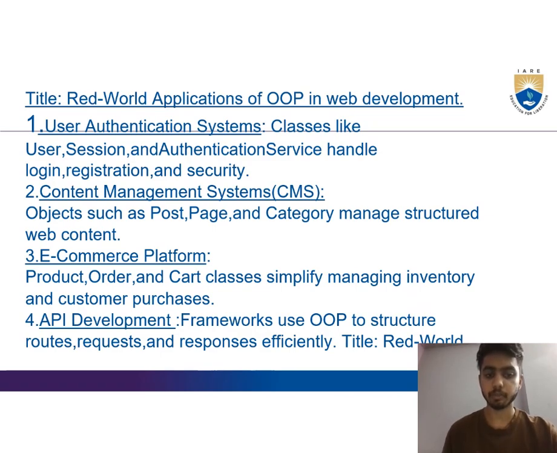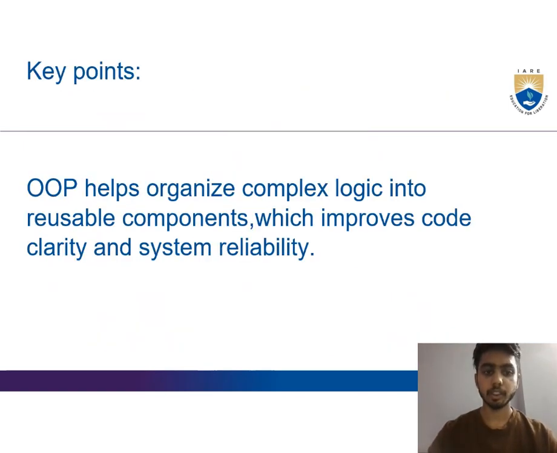E-commerce platform: product, order, and cart classes simplify managing inventory and customer purchases. API development: frameworks use OOP to structure routes, requests, and responses efficiently. Key point: OOP helps organize complex logic into reusable components, which improves code clarity and system reliability.